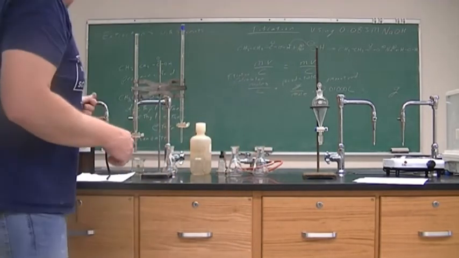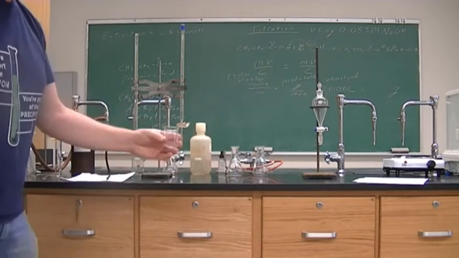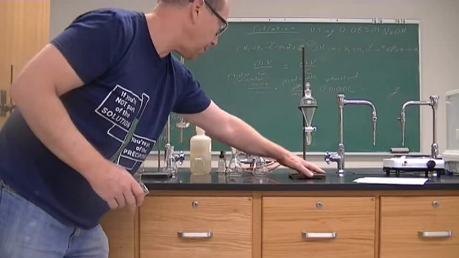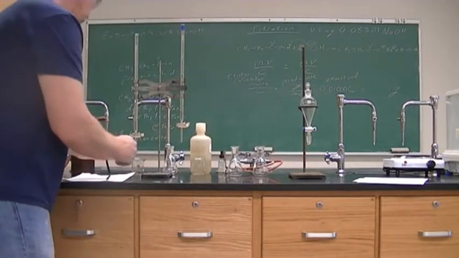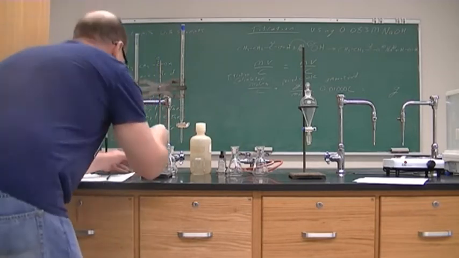All right, so now we need 10 mils that I'm going to put in this beaker, and then I'm going to transfer it to our separatory funnel. So we are at 12.2, so now I'm going to go down to 22.2.